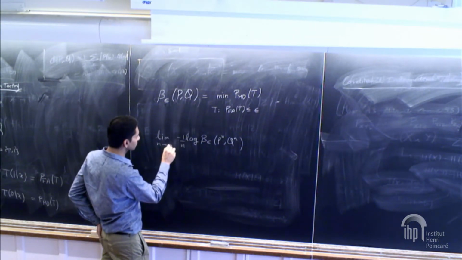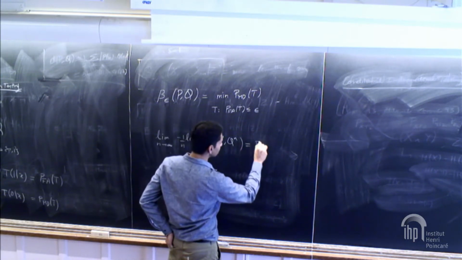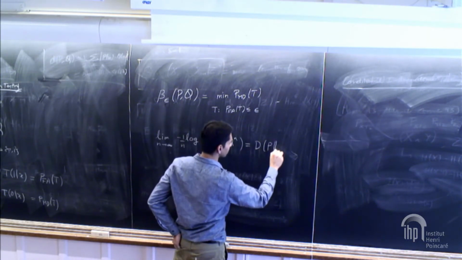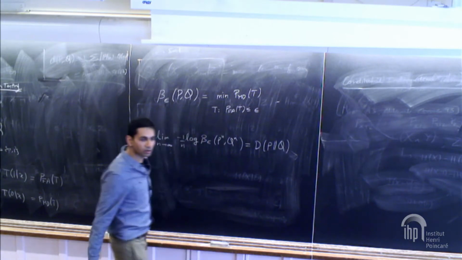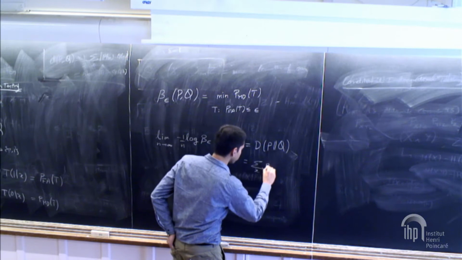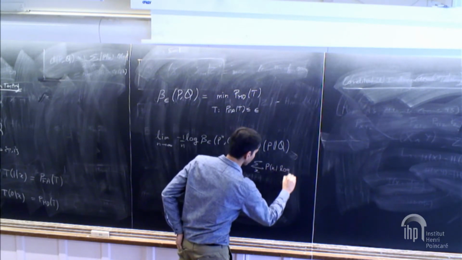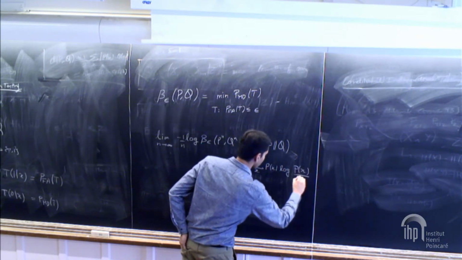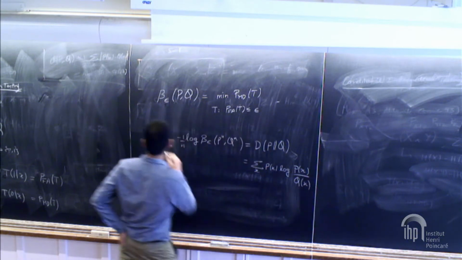This limit is equal to the divergence, the Kullback-Leibler divergence between P and Q. And this is Stein's lemma.